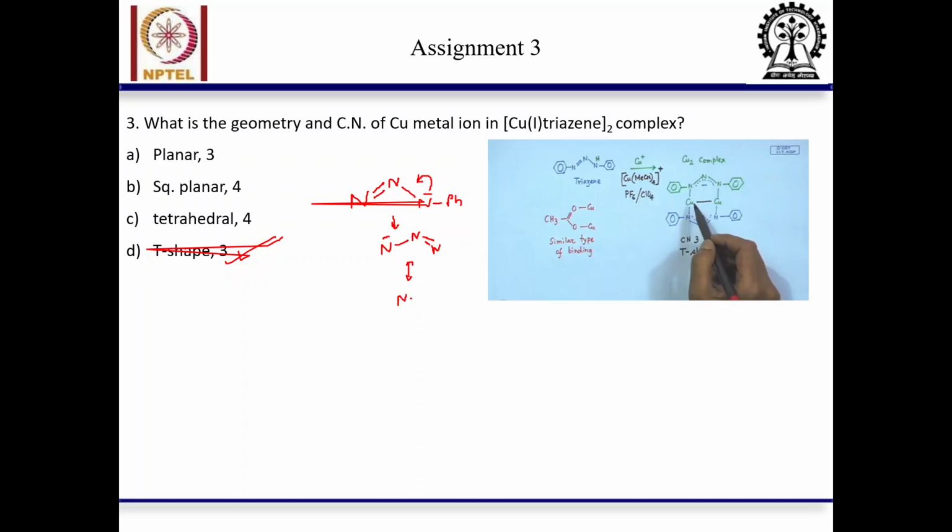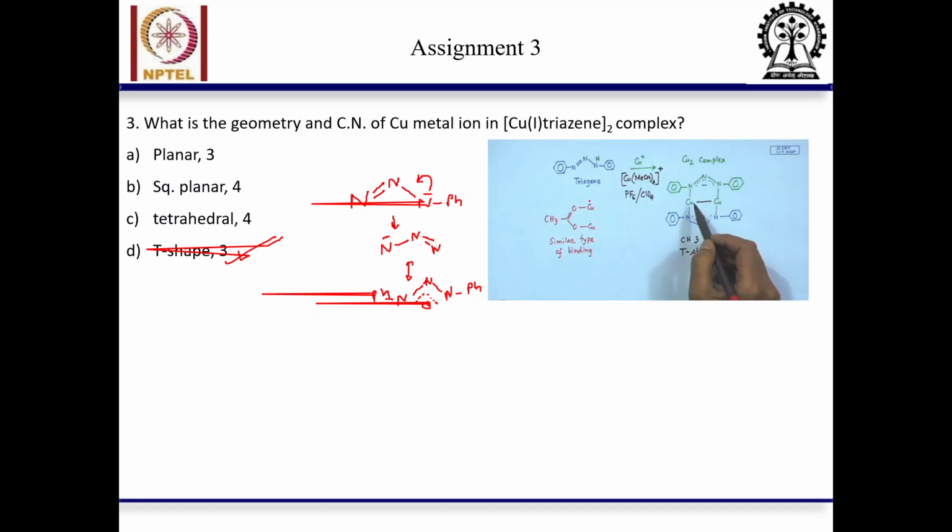So you can write it like this: N, N, N, and N minus. This is the N3 ligand, and we have the substitution here, Ph on this side and the other side also. So this is the triazine ligand.